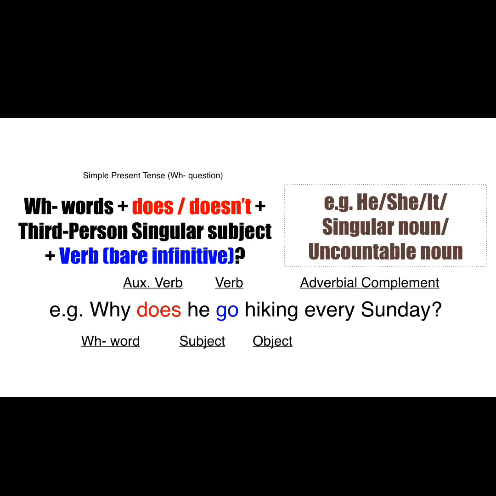Go. And then complete the rest of the sentence. If you have an object, if you have a complement, you finish the question with hiking every Sunday. So the complete question is, why does he go hiking every Sunday? So this is how we form a WH question in simple present tense with a third-person singular subject.